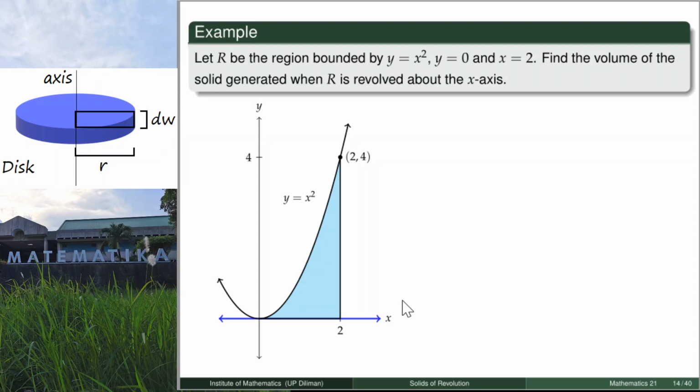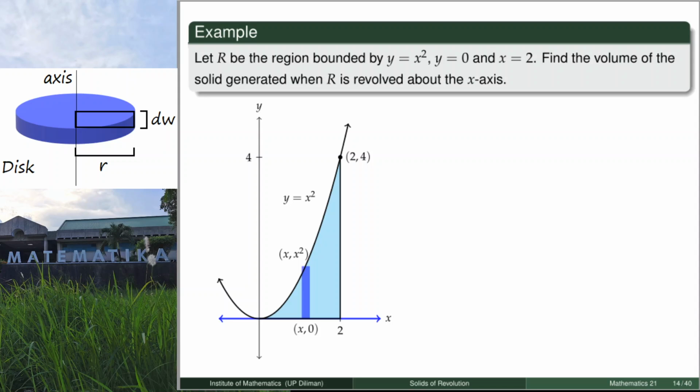So that means what kind of rectangles should we use? Since dapat yung rectangles are perpendicular to the axis and the axis is horizontal, therefore the rectangle must be vertical. Okay? So next question, do we get discs or washers? In this case, we just need to check the boundaries.